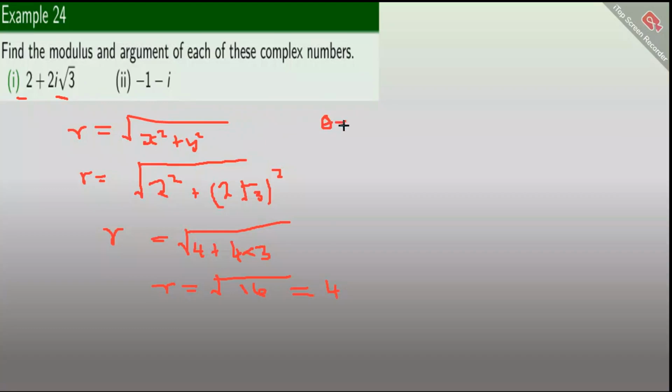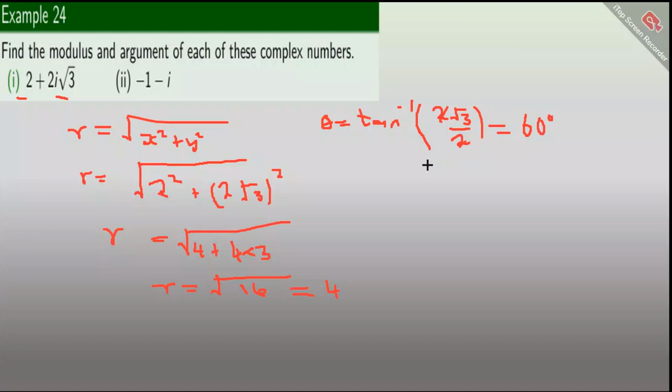Theta will be equal to tan inverse of y over x, not x over y. No need of subtracting from 180 or adding 180. The 2 and 2 cancel, so I'll have tan inverse of root 3. From the special angles, this is equal to 60.